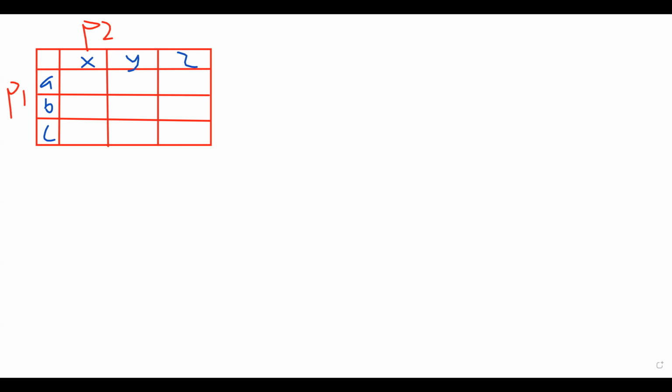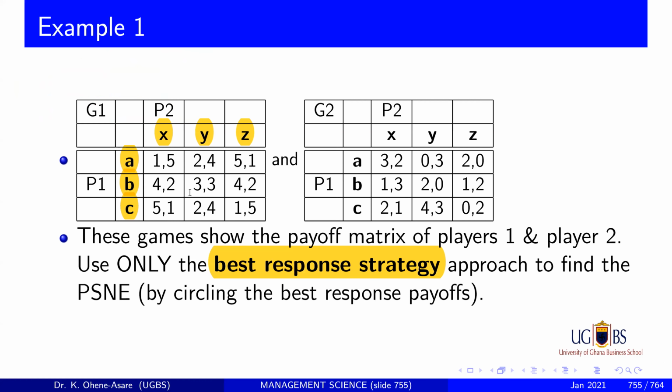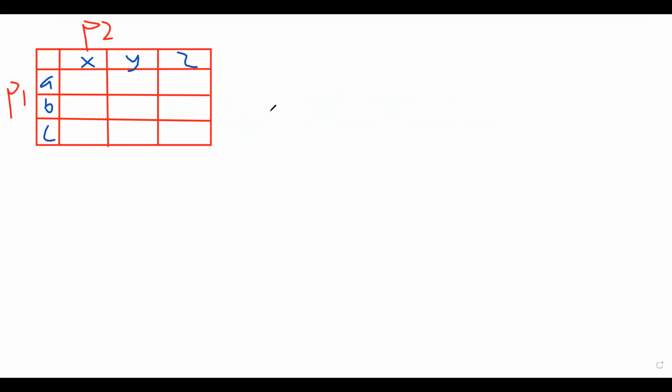I'm just trying to reproduce this information here. The first row was 1 and 5, 2 and 4, and then 5 and 1. The next row was 4, 2, 3, 3, 4, 2.